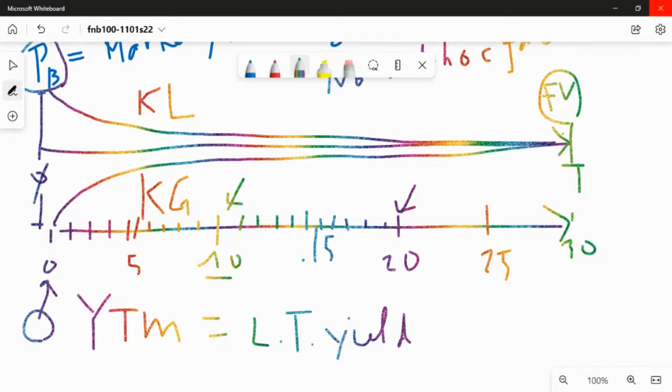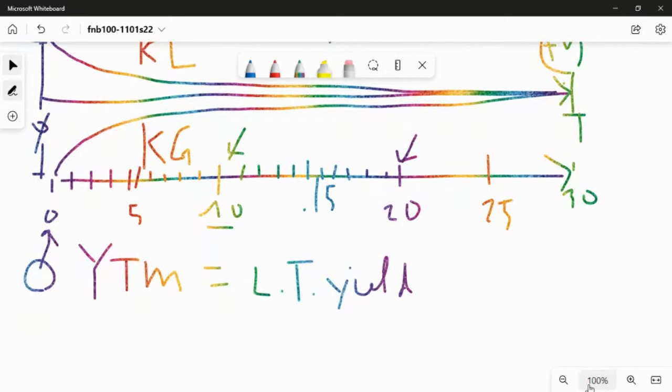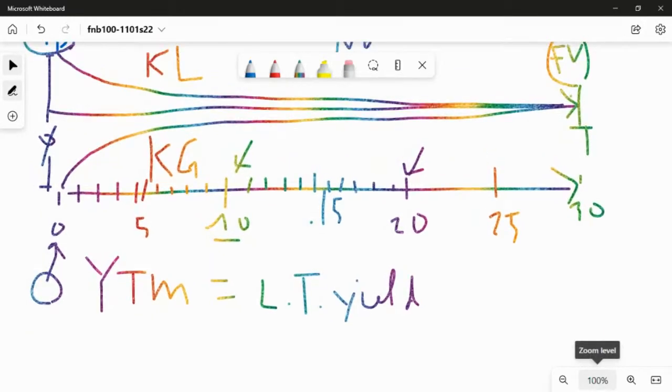Why? Because look at this. If the coupon rate is high, like 10%, then look at this. You have 30 annual coupons, but the bond is on a semi-annual cycle.